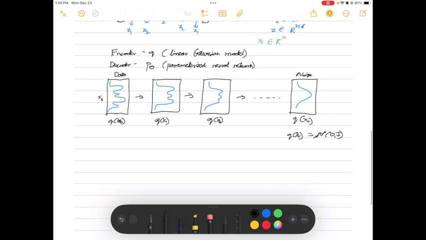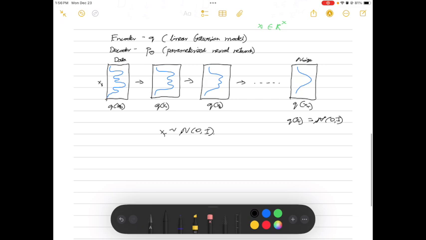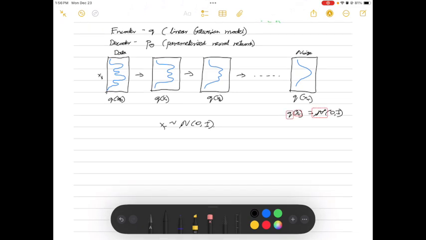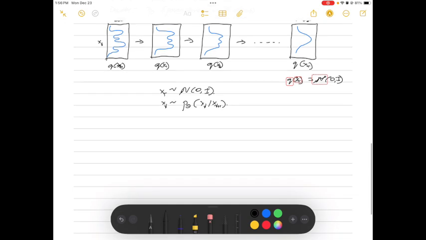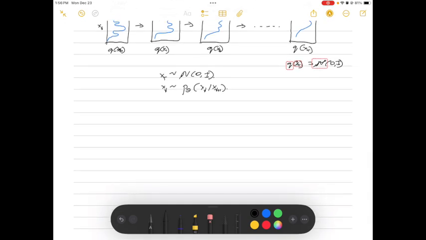So if you want to do generation, we sample from this normal distribution and we run this Markov chain backwards by sampling xt minus 1 from p theta of xt minus 1 given xt. So that's what we do during the generation step. So essentially the entire process can be encoded as a Markov chain. In the first stage we run it forward, and in the second stage we run it backward.